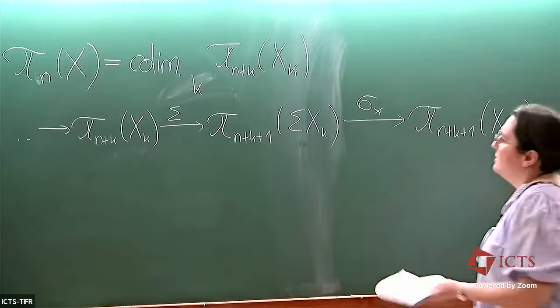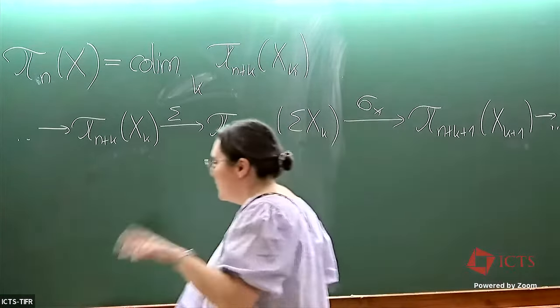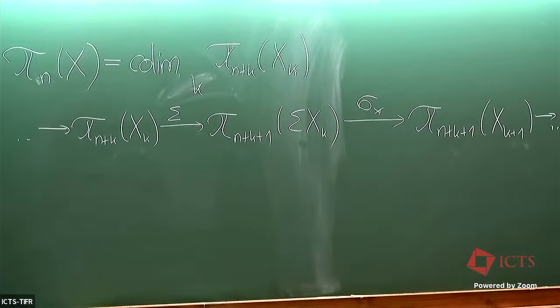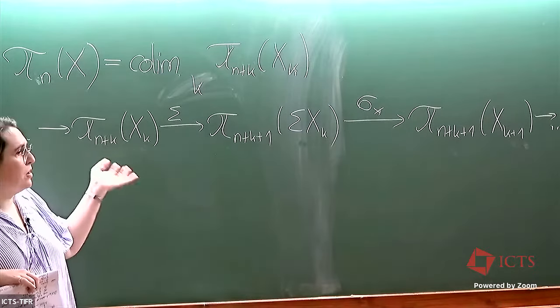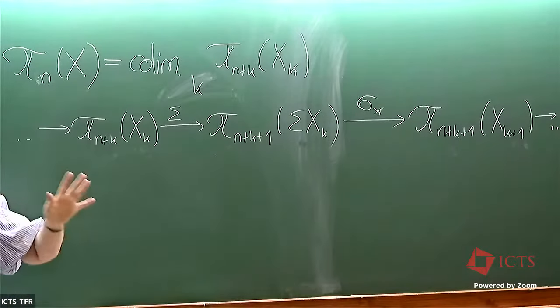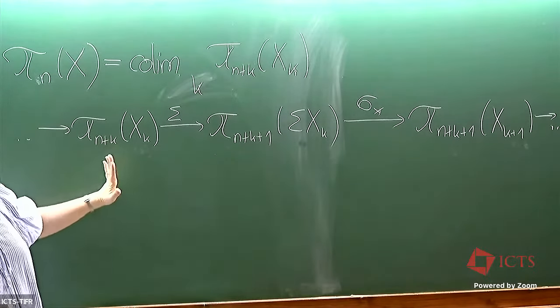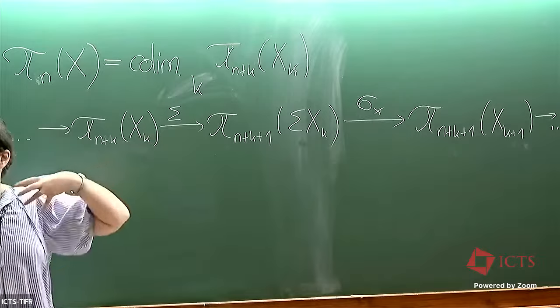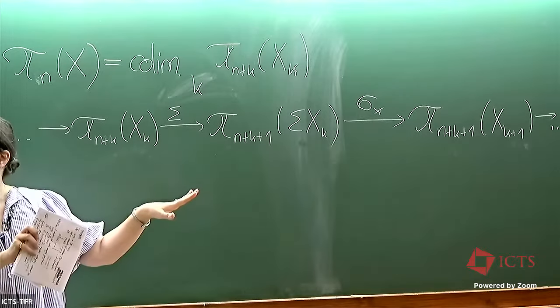And then you take the co-limit of that, which is not that particularly abstract, because Poincaré's suspension theorem tells you that if you put in a CW complex, then after a certain point, this sequence becomes stable.